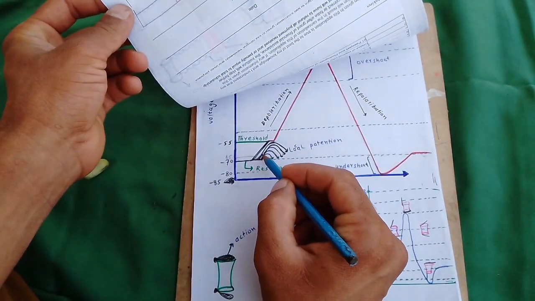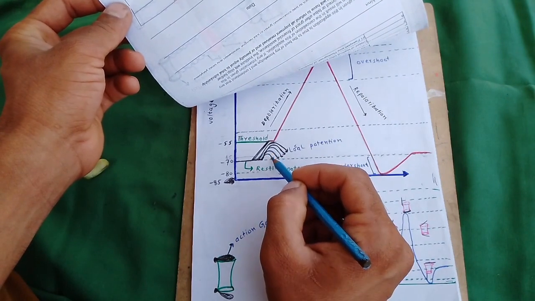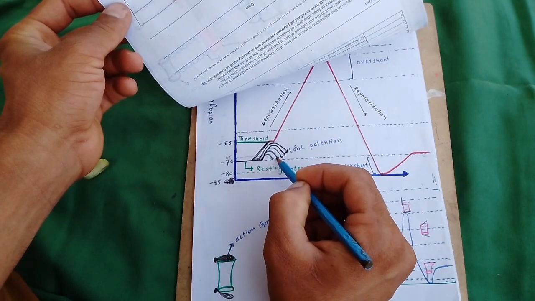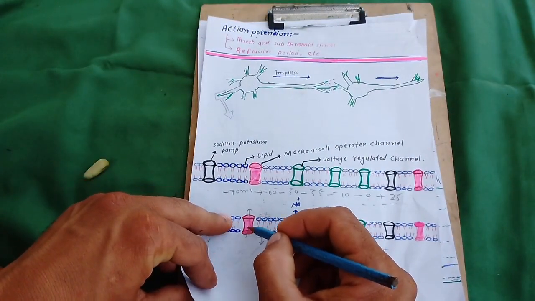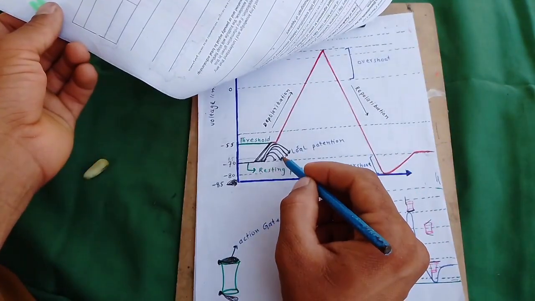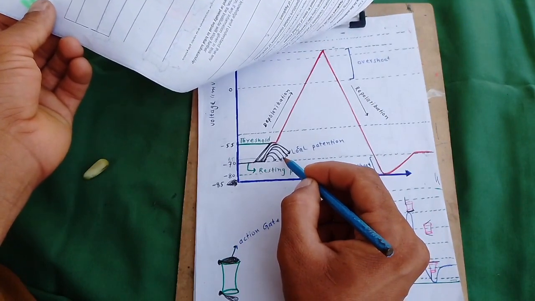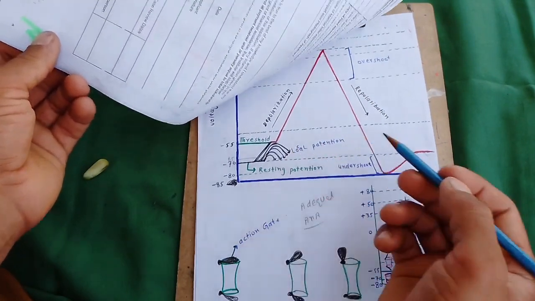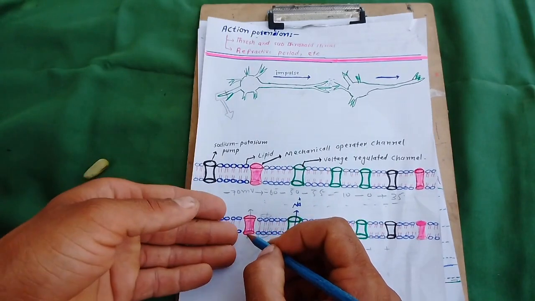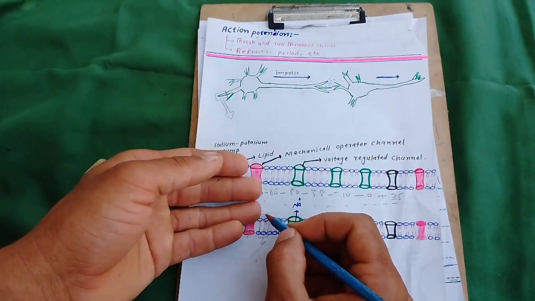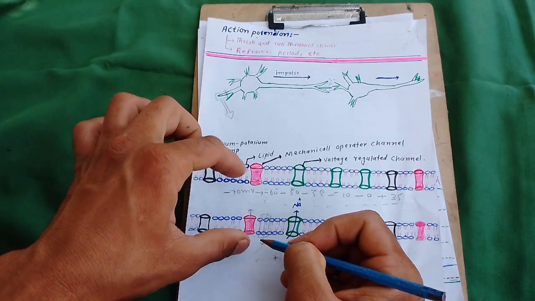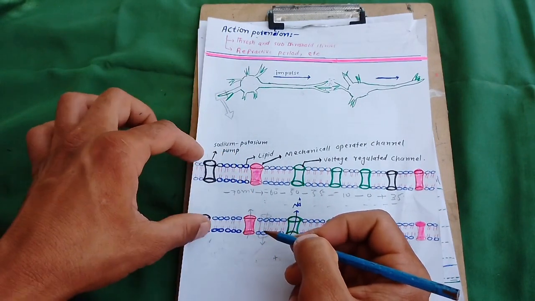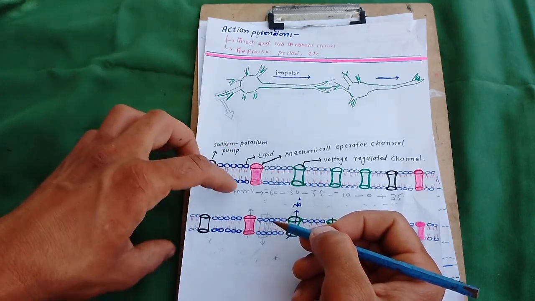When I touch this area with a larger strength, suppose in the first state 5 sodium go inward, and in the second state 10, 20, 30, 50. A small number of sodium go inward, a small number of potassium go outward, but these are the sodium and potassium which cannot produce an action potential.